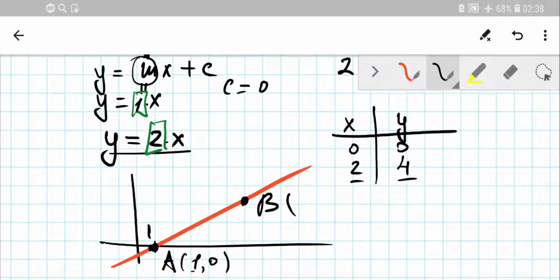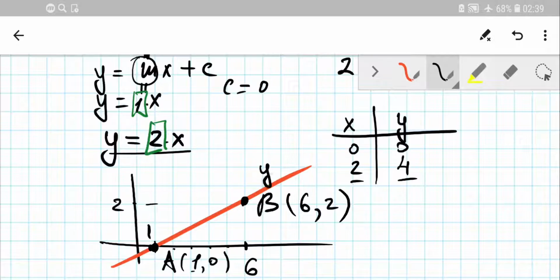And let's take a point B here, which would have, counting 1, 2, 3, 4, 5, 6, 6 for x, and roughly 2, which we'll consider a precise value, so 2 for y. Let's say we have those two points that lie on the line.